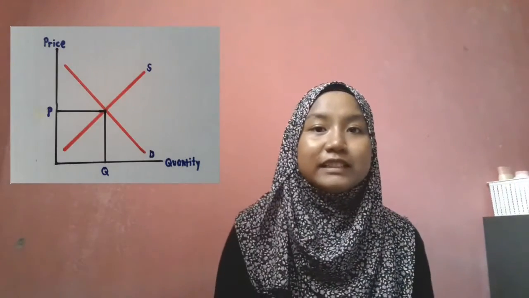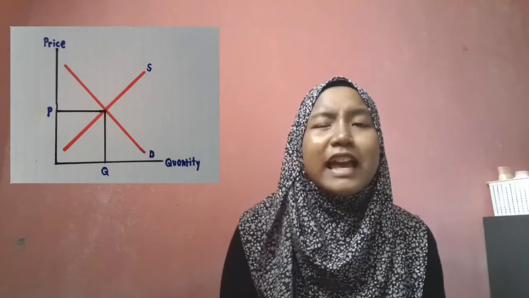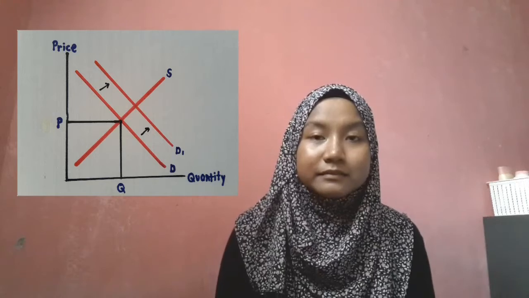We are now going to look at the effect of the increase in demand on equilibrium price and quantity. The interaction of supply and demand has given us an equilibrium price of P and Q. As the result of one of those changes we spoke about, the demand curve is increased from D to D1.